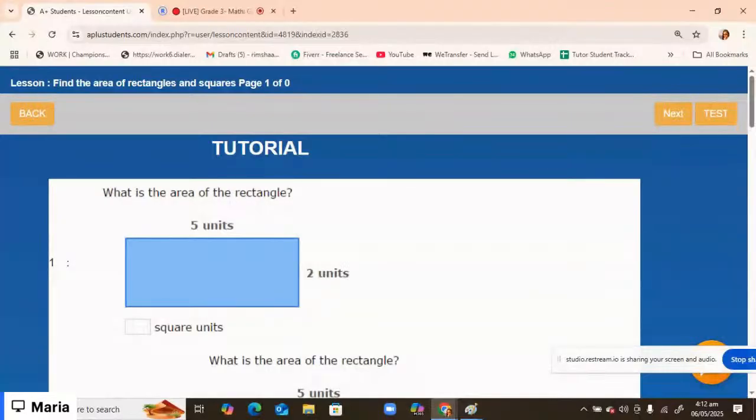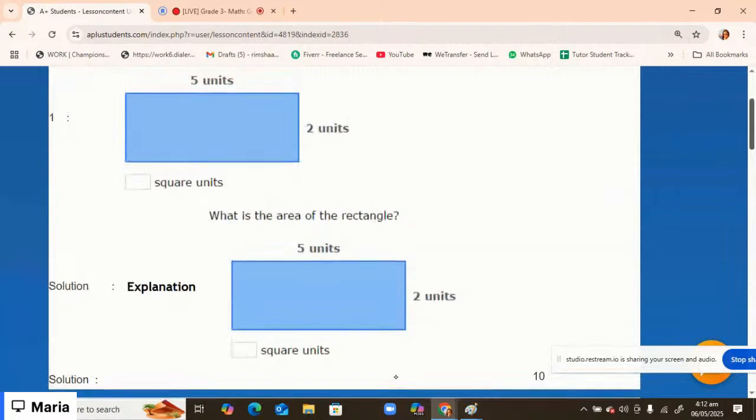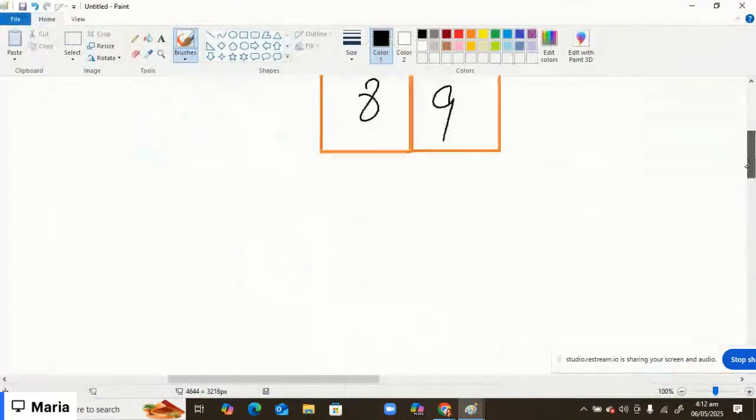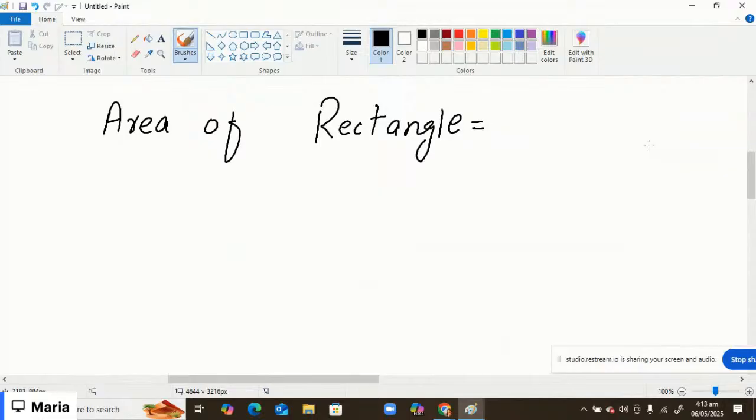Okay. So how can we find the area of the rectangle? The area of a rectangle is length times width.